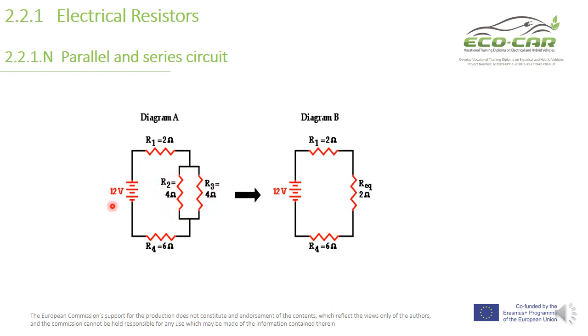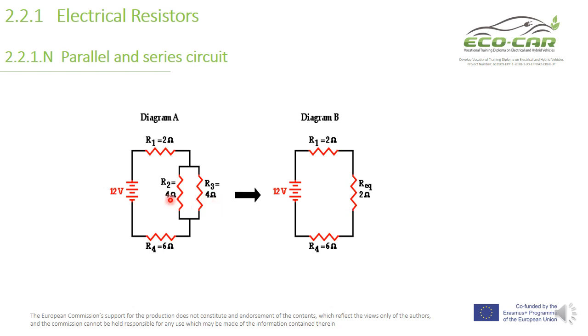We have a source of 12 volts. To get an equivalent circuit, R1 and R4 are still there, but what's the equivalent of the two equal resistors?